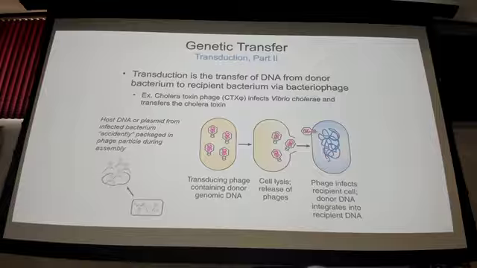This slide is just showing where this relatively rare event happens in that lytic cycle. You've started to express those viral genes and viral proteins are being made. But some of those bacterial genes that are being exposed and possibly packaged by those viruses are being included now in those virus particles.